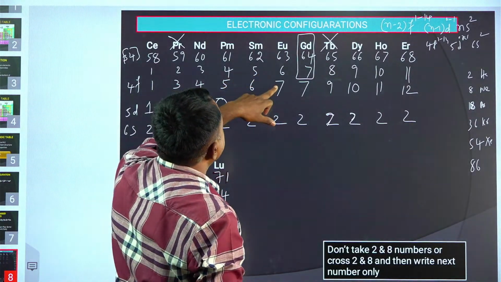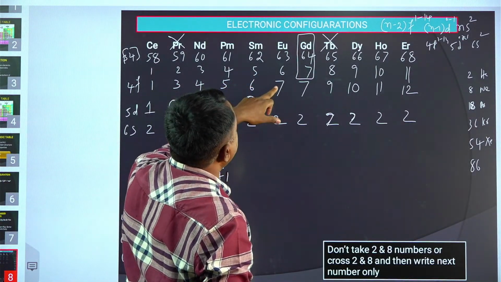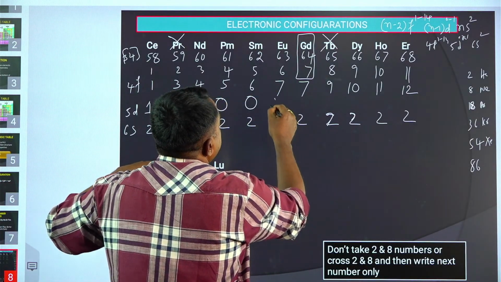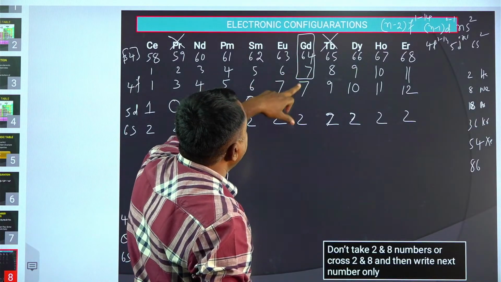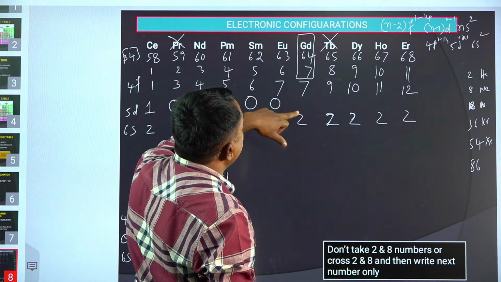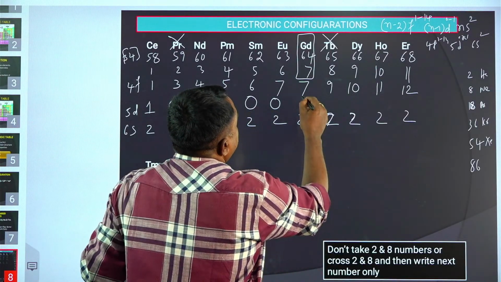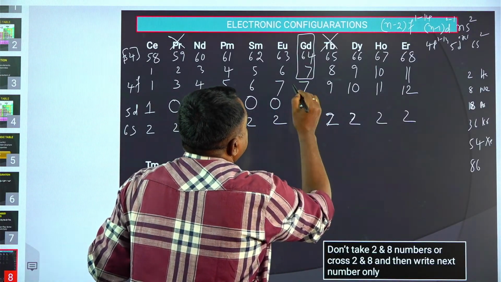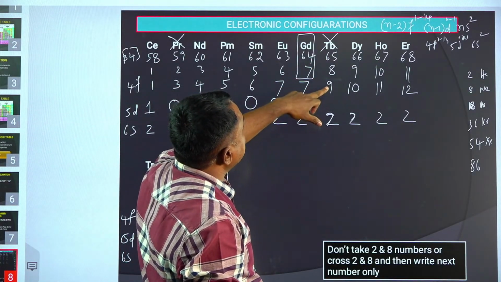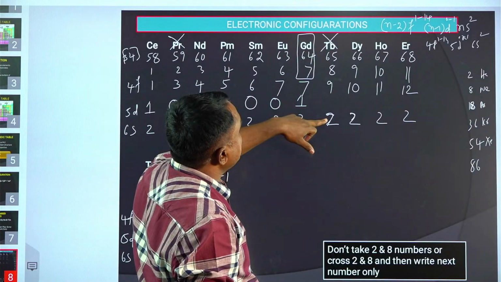54 plus 7 is 61, 61 plus 2 is 63. Therefore again it is 0. And for the next one, 54 plus 7 is 61, 61 plus 2 is 63. Therefore it will be 1. So this is different. And again 54 plus 9, 63, 63 plus 2 is 65.